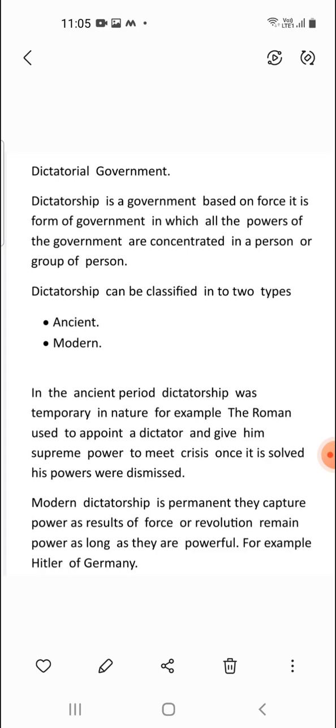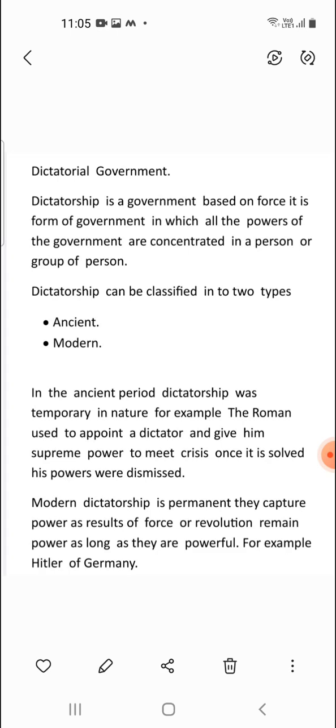But here we have to surrender all rights and liberties to the government or a particular person who is called the dictator. Next, in a democracy, the people have full-fledged authority to demolish the government, which is not possible in a dictatorial government because it is based on force, fear, and iron discipline.